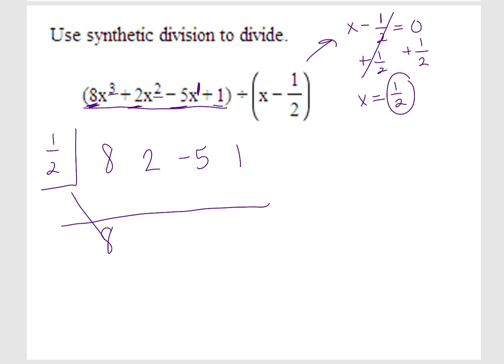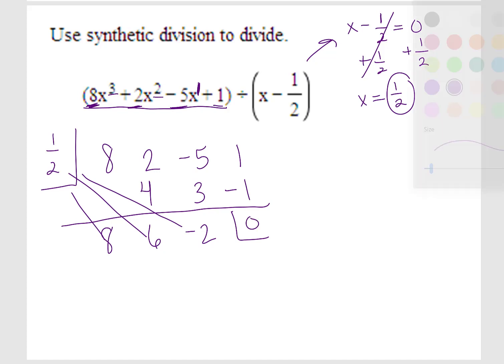But 1/2 times 8 is 4. 2 plus 4 is 6. 1/2 times 6 is 3. -5 plus 3 is -2. 1/2 times -2 is -1, and then 1 minus 1 is 0. Okay?